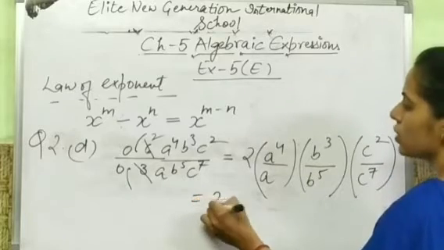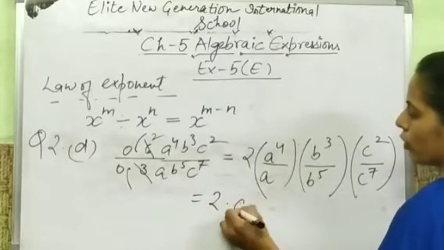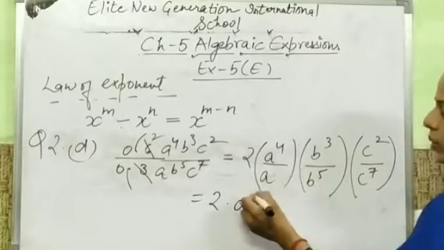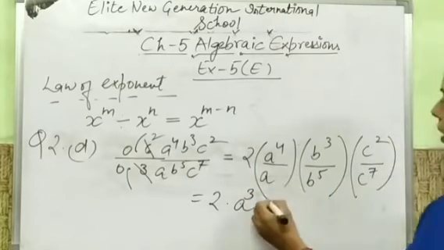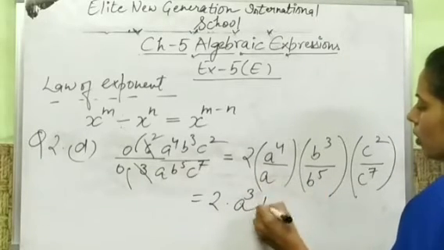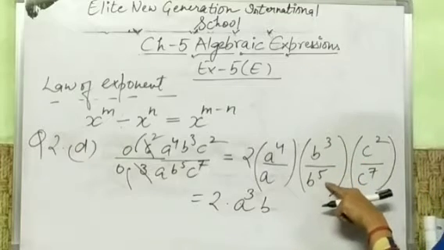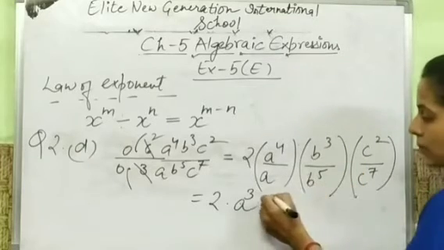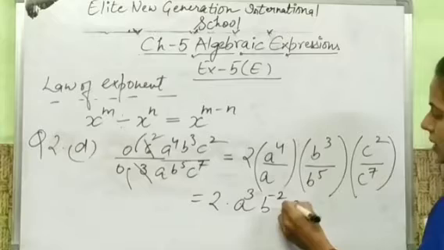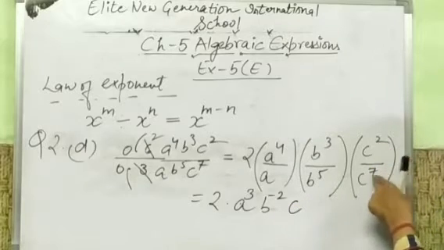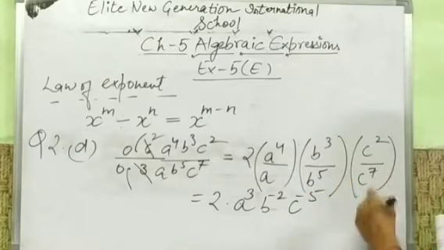Now apply the law of exponent. From this side 4 minus 1 directly gives a to the power 3, then 3 minus 5 means minus 2, and from this side 2 minus 7 means minus 5.